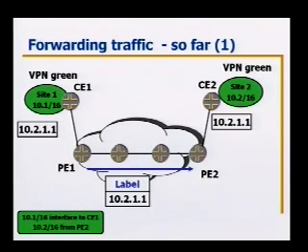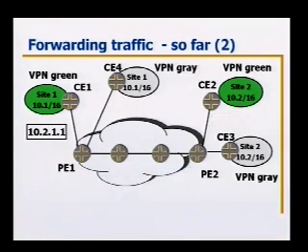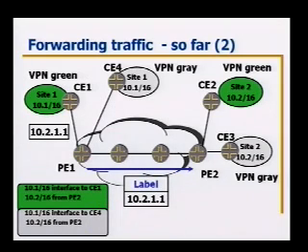And this seems to be all right, except if the picture was a little bit different, and we also had a customer gray attached to PE2. What would happen then? The packet would arrive from CE1 to PE1. PE1 would correctly know how to pick the route based on the correct VRF for customer green, and would encapsulate it in MPLS.